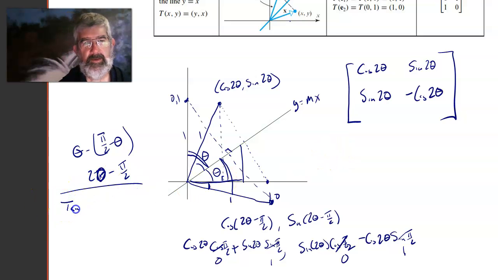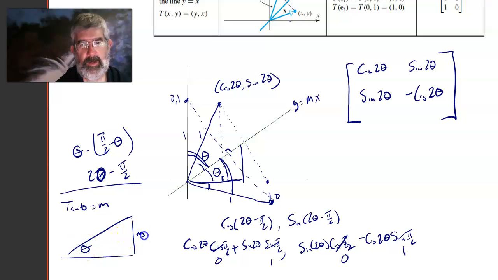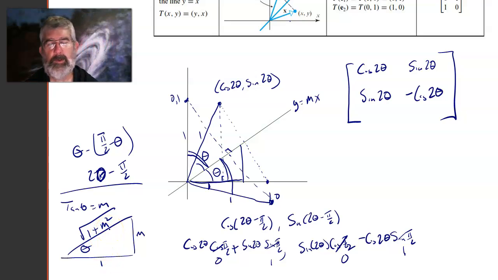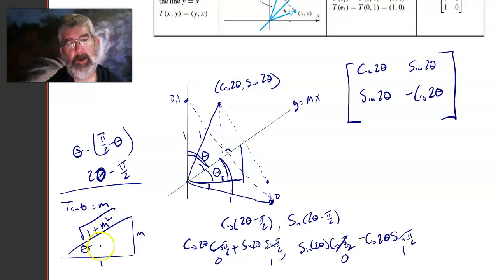I know that the tangent of theta is m, which means if I draw this picture here, if this is theta, and I call this m, and this 1, then the tangent of theta is m over 1, and I can use Pythagoras to get the hypotenuse: the square root of 1 squared plus m squared. What this allows me to do is change sine and cosine of theta into algebraic expressions of m.